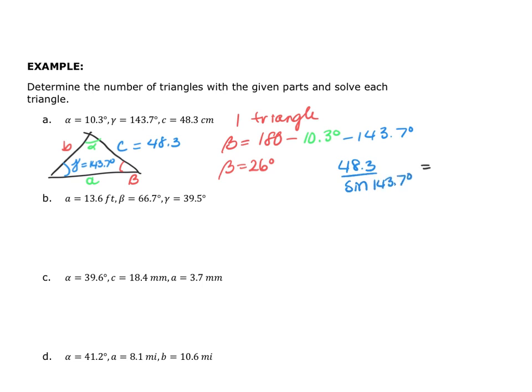and that's going to be equal to my a, which is what I'm chasing, over the sine of 10.3 degrees. Simultaneously, I'm going to do 48.3 over the sine of 143.7 degrees is equal to my b over the sine of 26 degrees.